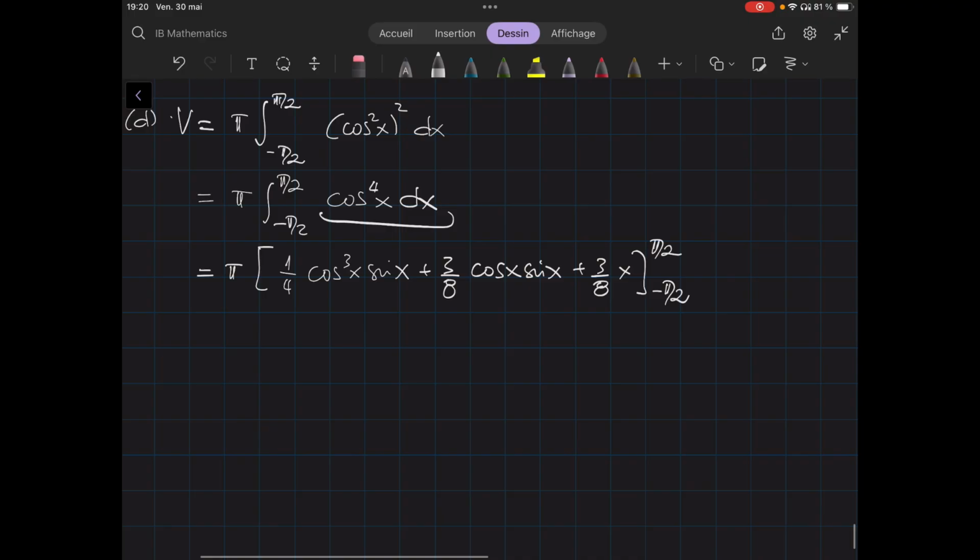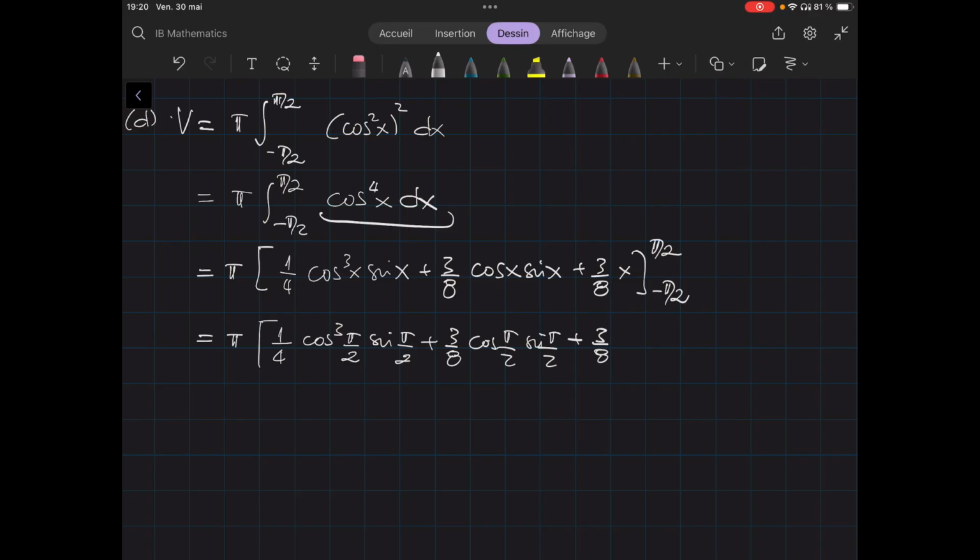So let's actually integrate this. Just gotta plug in the upper bound and the lower bound. So that's 1 by 4 cos cube of pi by 2 sine of pi by 2, 3 by 8 cos of pi by 2 sine pi by 2, 3 by 8 times pi by 2, minus the lower bound.